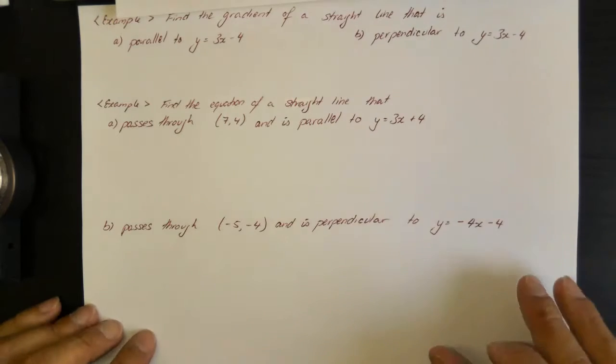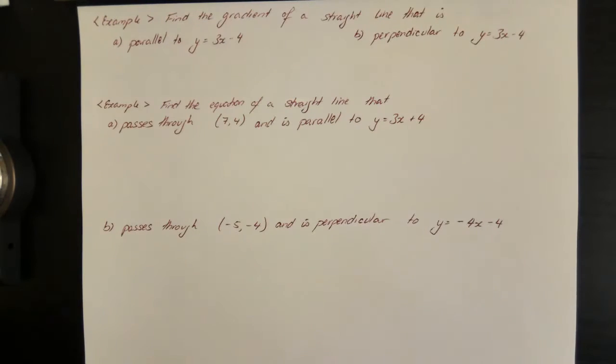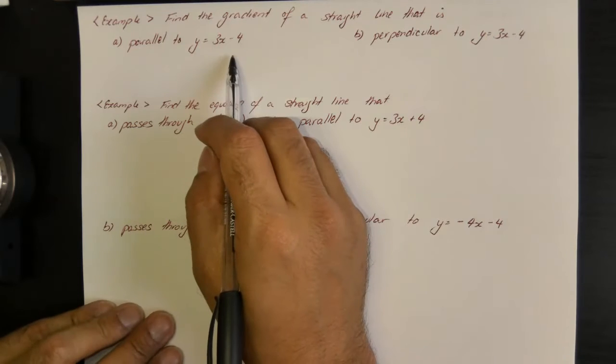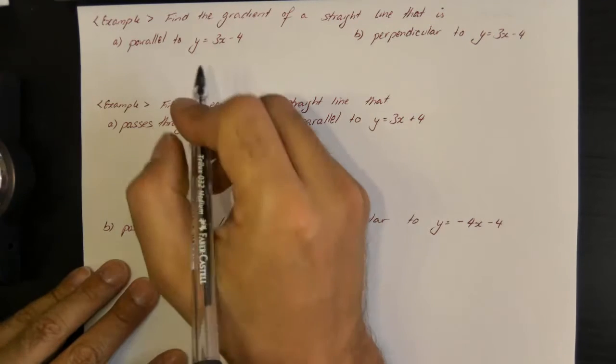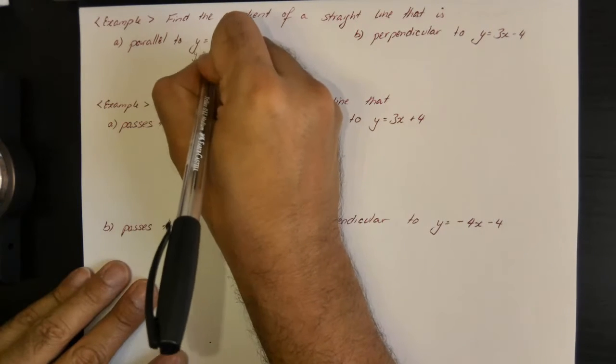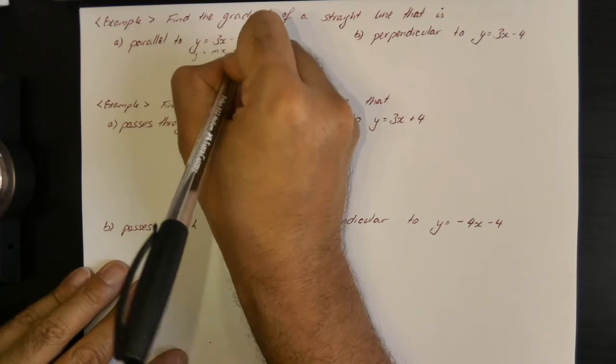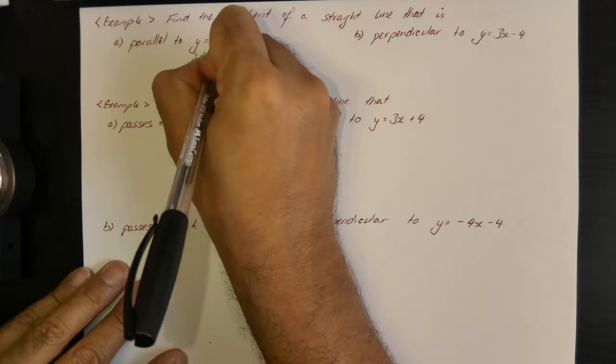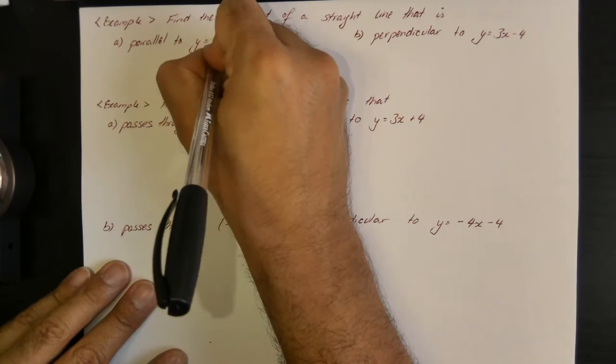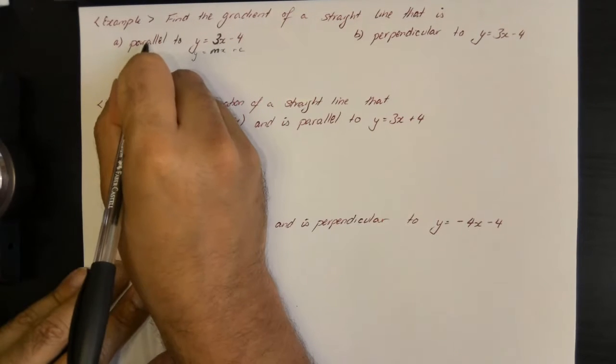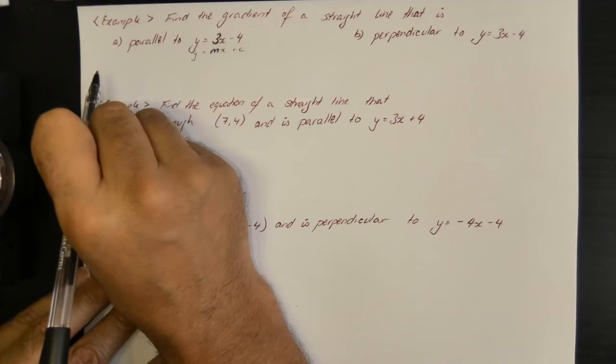Let's do some examples. We want to find the gradient of a straight line that is parallel to y equals 3x minus 4. This is in the form y equals mx plus c, where m is my gradient, and in this situation, my gradient is 3.